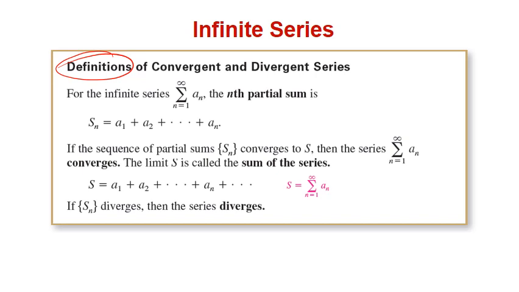Basically, it's saying if this sequence of partial sums converges, then the sum, or the infinite series, also converges. And it's shown here. Also, it's similar with diverges. So you can kind of take a few minutes to look through that definition if needed.